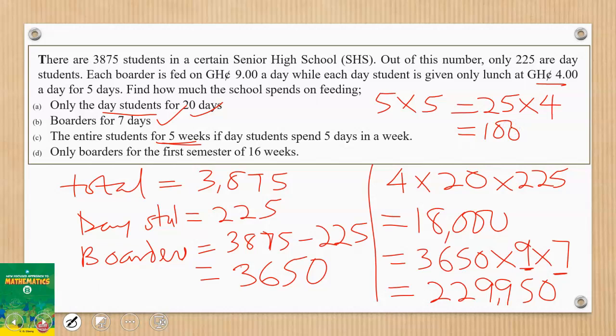Now, this 100 times the total number of day students that they are feeding, 225, will give us 22,500. So on the part of the day student alone, they'll spend 22,500. Then on the part of the boarders, we are going to have 7 days in a week that they feed them, because they are in the boarding house, so they'll spend Saturday and Sunday.